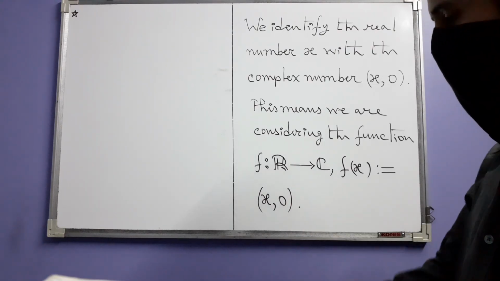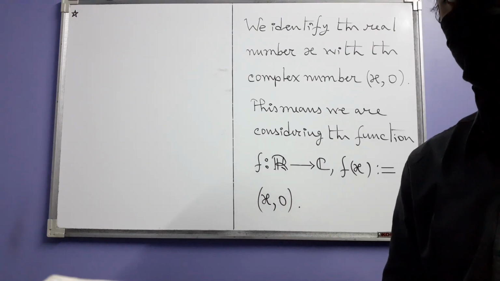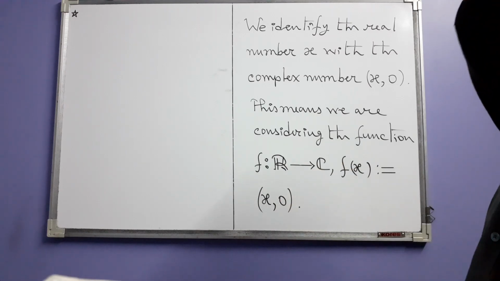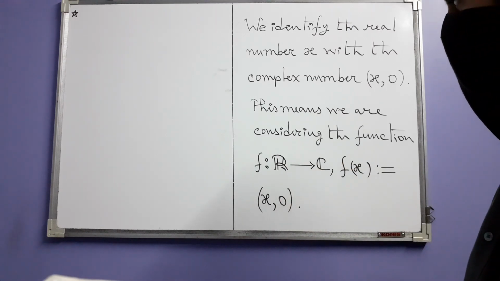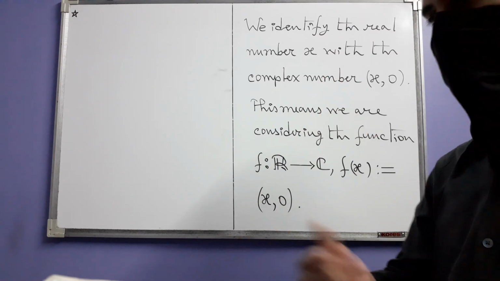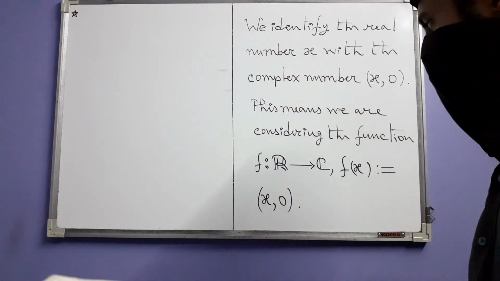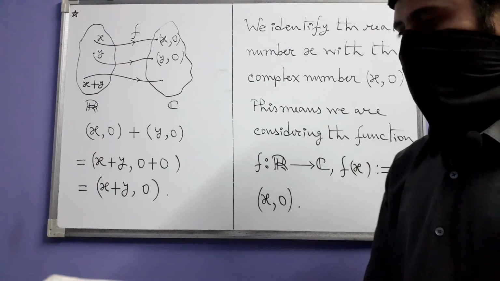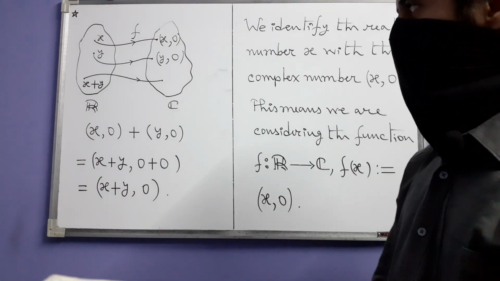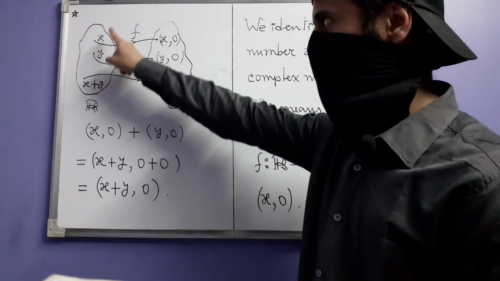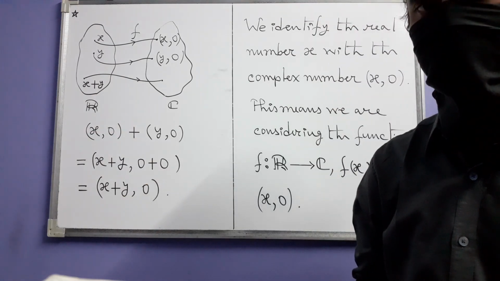But what does this function do? Why are we even considering this, and in what sense is this an identification? Why are we even using the word identify? So we have the two universes. One universe is the universe of real numbers.